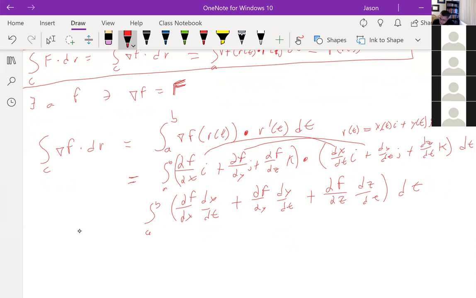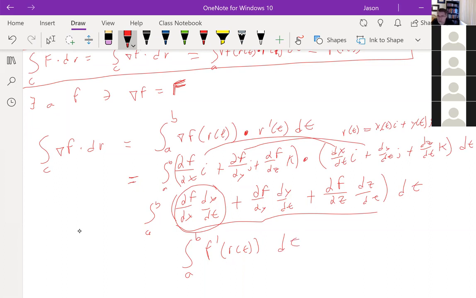Well, this should look very familiar. This here is the chain rule. So we would say that this would be f prime of r of t. But what are we doing with that? We're doing an integral from a to b of dt.